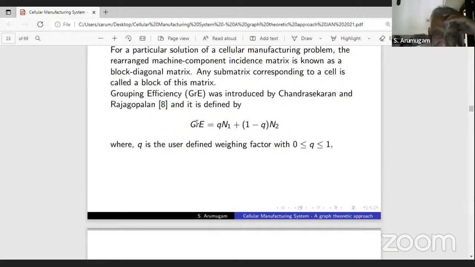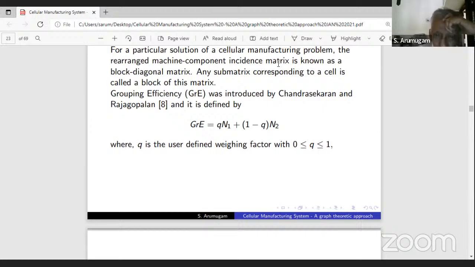GRE. What is GRE? It was introduced by Chandrasekharan and Rajagopalan. You take a cellular manufacturing problem, rearrange the machine component incidence matrix such that it becomes a block diagonal matrix. Then any submatrix corresponding to a cell will be a block.